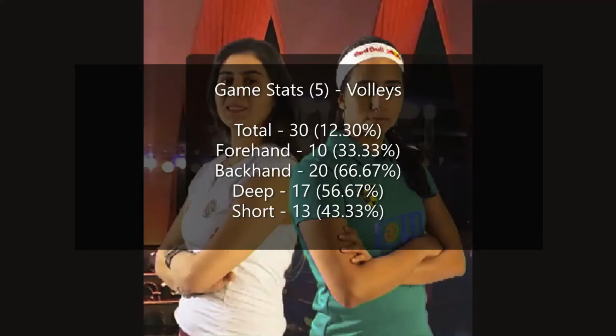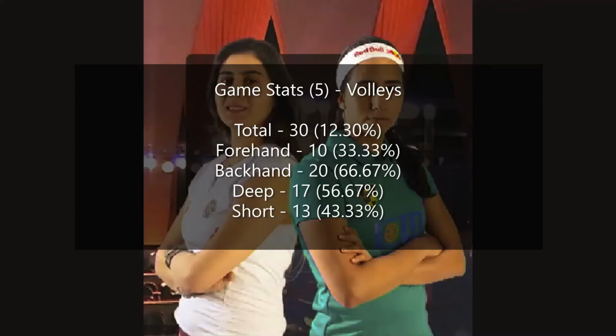You will also notice that the number of volleys on the backhand are higher. This would be because the majority of the rallies would happen on the left wall when two right-handed players are playing, and therefore there would be more opportunities to volley on the backhand over the forehand.